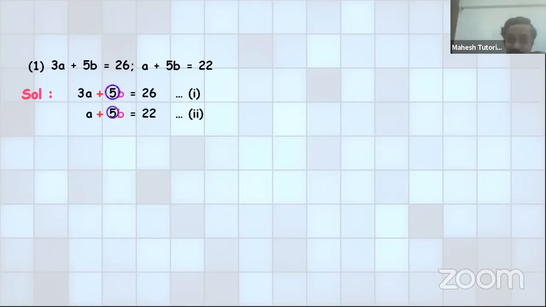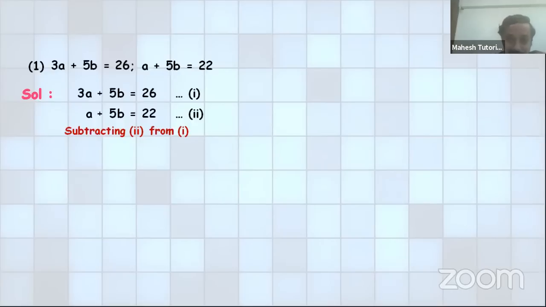Equation 1 में भी B का sign plus है, equation 2 में भी B का sign plus है, plus, plus. तो same sign or different sign? Very good, same sign. And अगर same sign रहता है, तो what do we do with the equations? Adding, na? No, perfect. We subtract the two equations. So hence the reason here we are going to subtract equation number 2 from equation number 1.